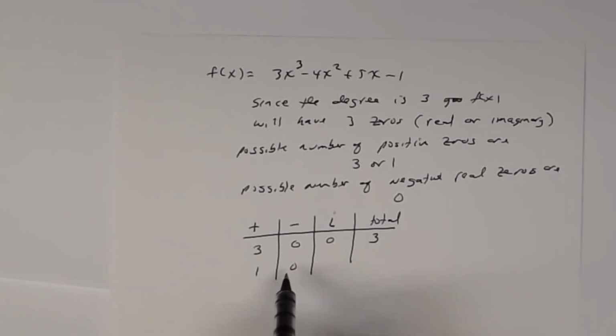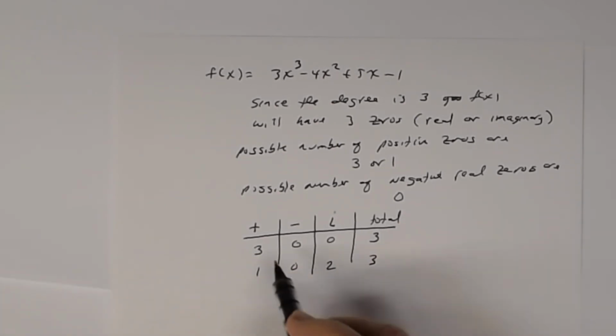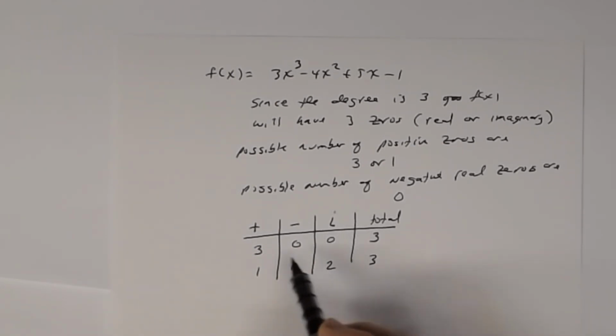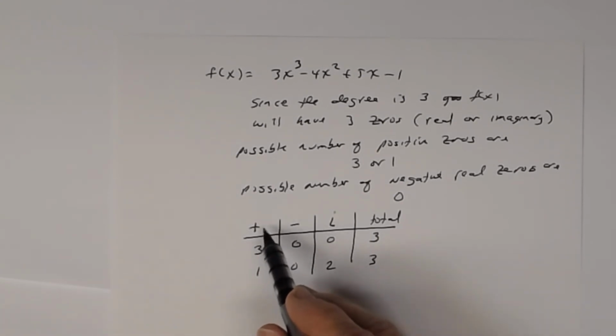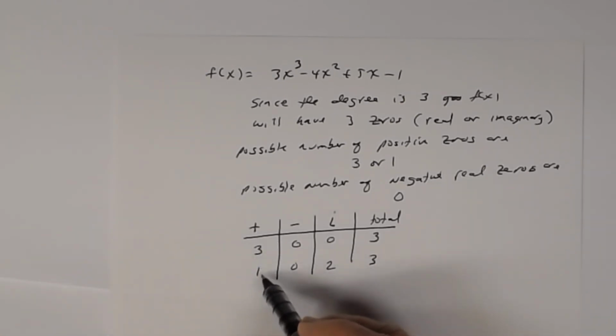Well, I know I can't have any negative, so that means I'm going to have 2 imaginary zeros. So 1 plus 2 is 3. Okay? So notice that the imaginary zeros, you keep increasing by 2. 0 plus 2 is 2. For the positive, you keep subtracting 2, and once you get to 1 or 0, you have to stop.